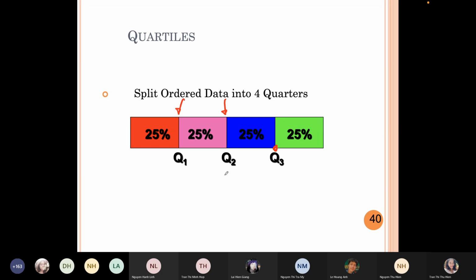And Q2 here is the median, or is this the mean for the data set. So for percentiles, we define how the data are spread over the data set. Here is the smallest point, here is the largest point of your data set.